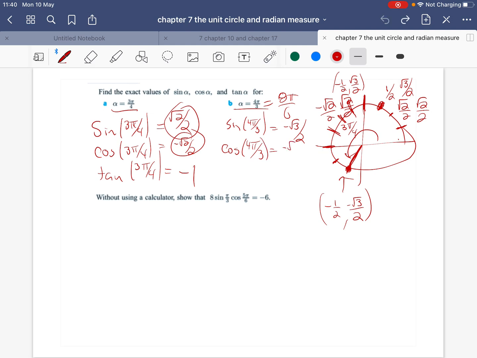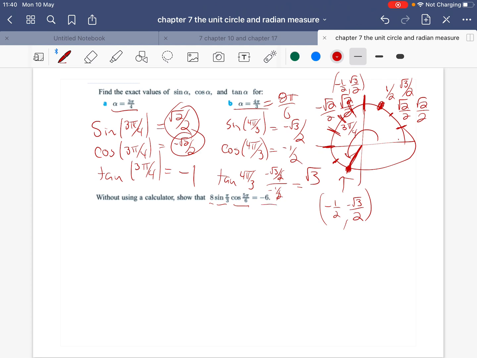The cosine of 4 pi over 3 is equal to negative 1/2. And the tangent of 4 pi over 3 is negative root 3 over 2 divided by negative 1/2. The halves cancel out, we get a positive number, so it's going to be root 3.